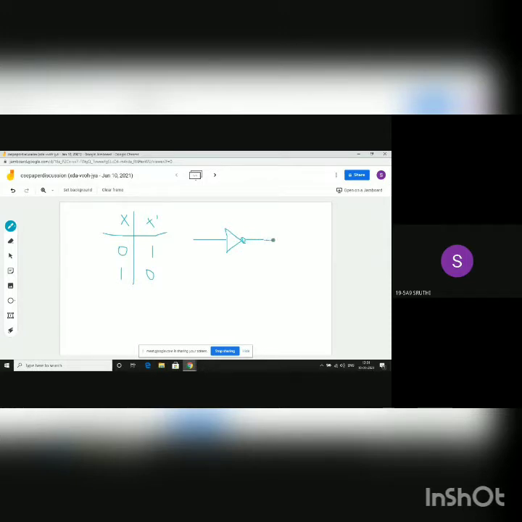So if you give x as input, you get the output as x bar. There are two ways to represent the complement: either as x dash, or as x bar. So this is about the complement.